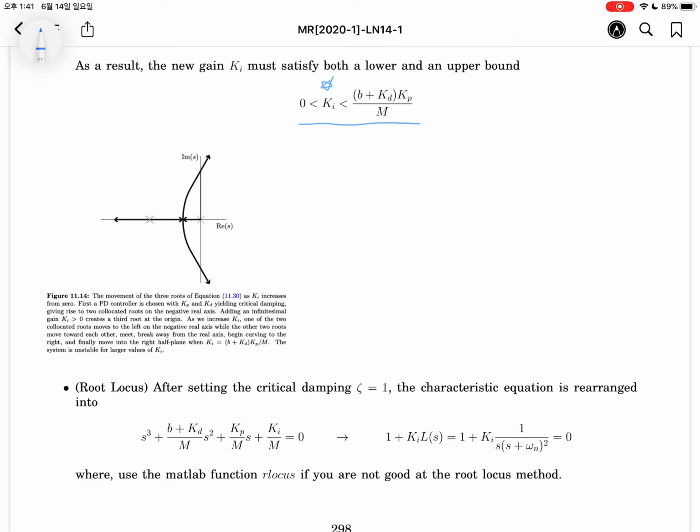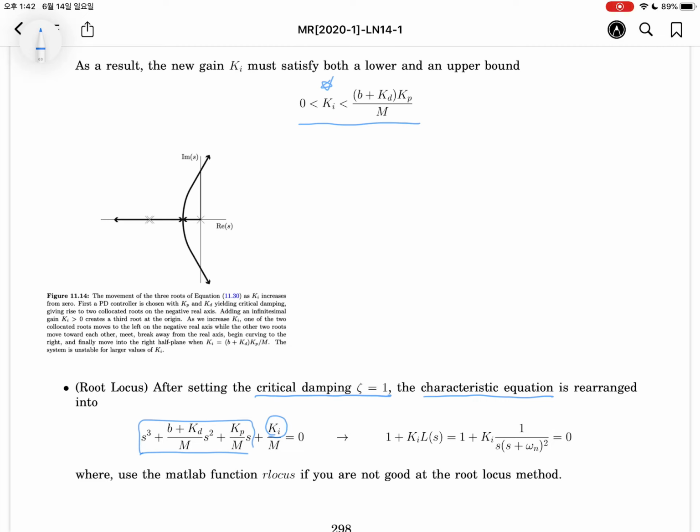On the other hand, the root-locus method will provide some information about the stability. We will use the critical damping, with zeta as 1. The characteristic equation is like this. Let's choose the gain as a varying gain to describe the root-locus. The remaining terms will be the denominator of this part.